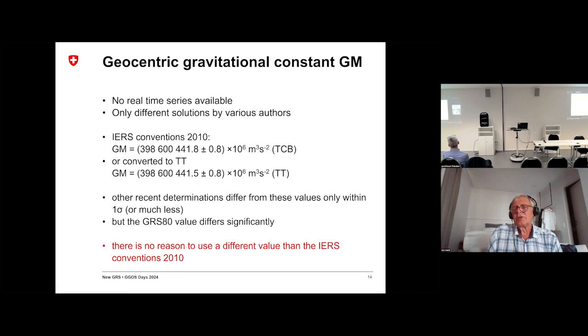And all the other current or recent determinations differ from these published values only within the 1 sigma, or much less usually. So I don't really think that it's appropriate as well to make any changes in this value.